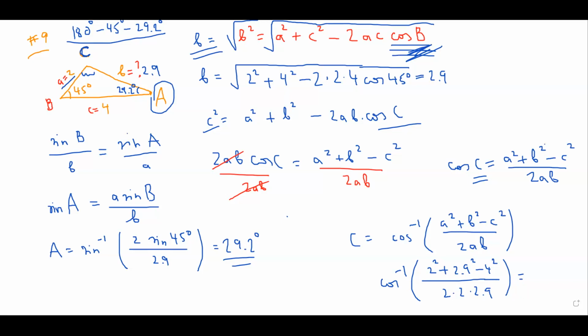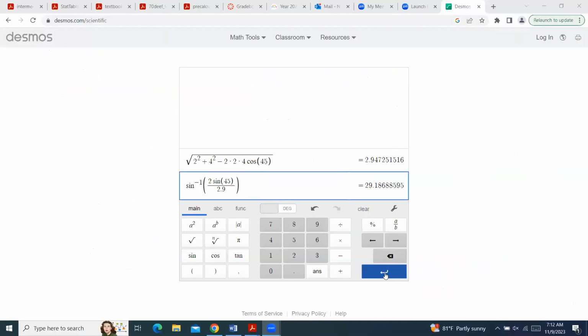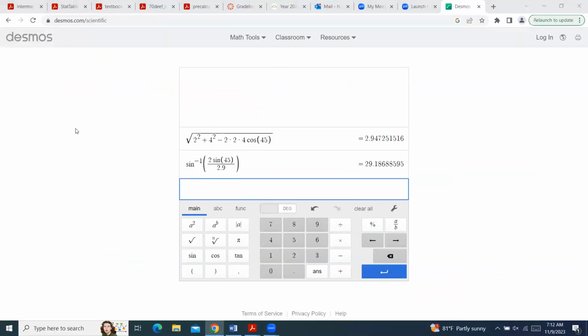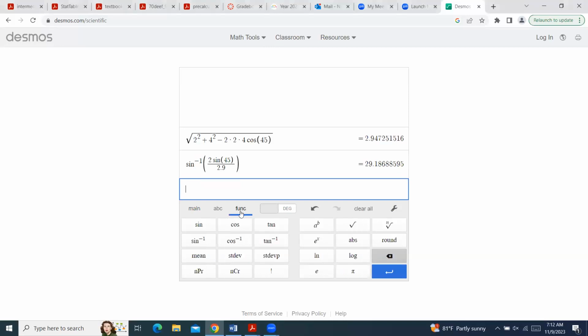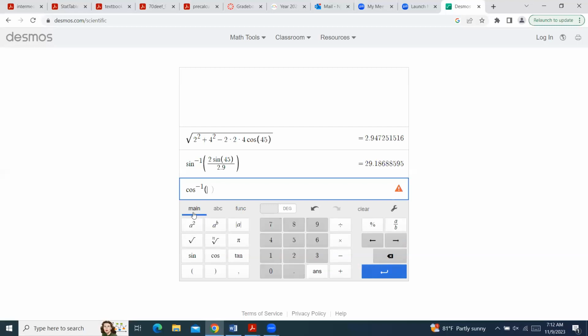Take arc cosine. So let me share screen here and go for the function now. For a change, it's arc cosine. So I'm going to arc cosine and apply this to a fraction. I want to make sure I put the fraction's numerator in parentheses. This way we're going to make sure that you divide this entirely.